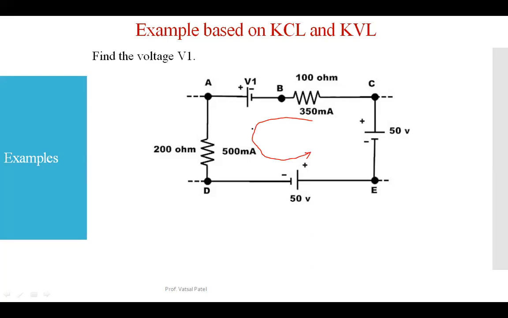If you assume the anti-clockwise direction here, can I now give the polarity of this resistance? Yes. So plus here, minus here. The battery sources are already given by their polarity. So now come to the resistance value. It is plus, minus.